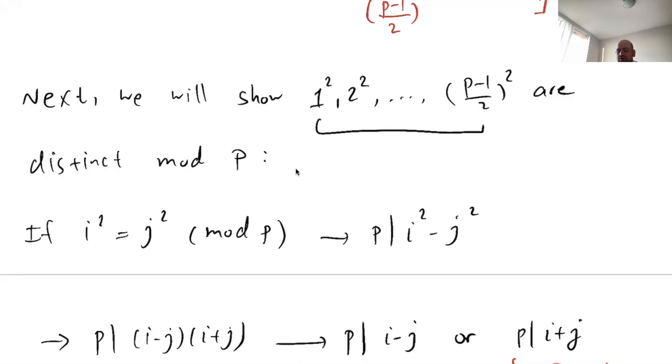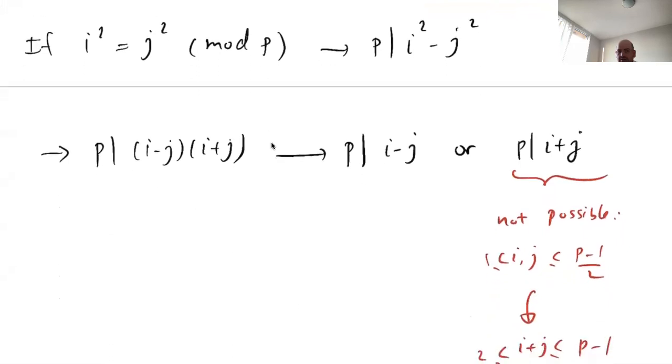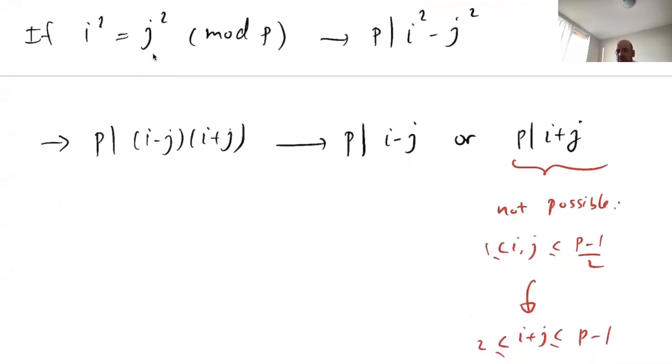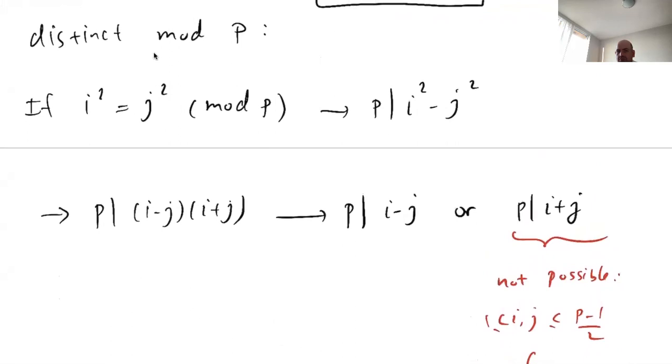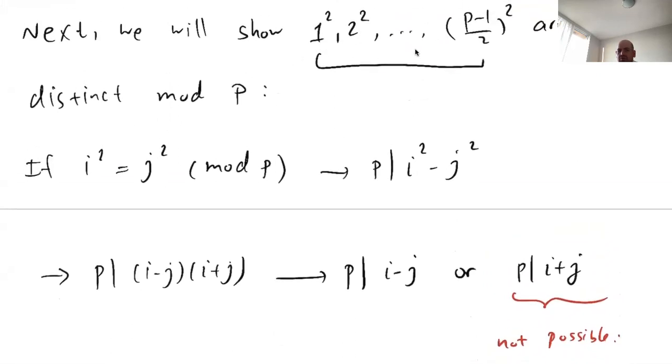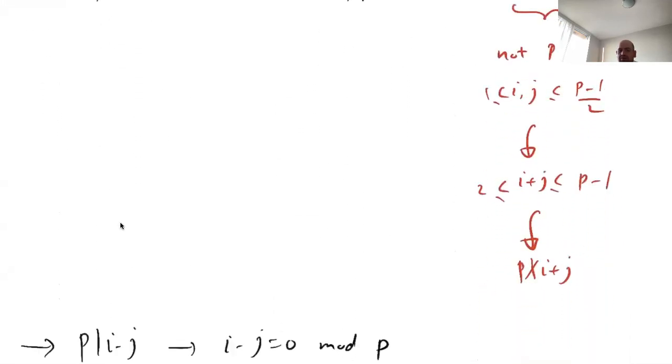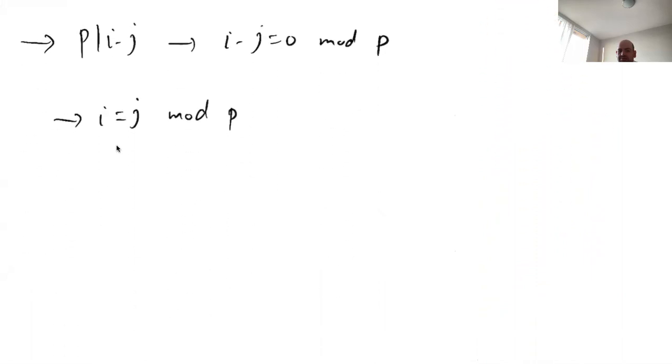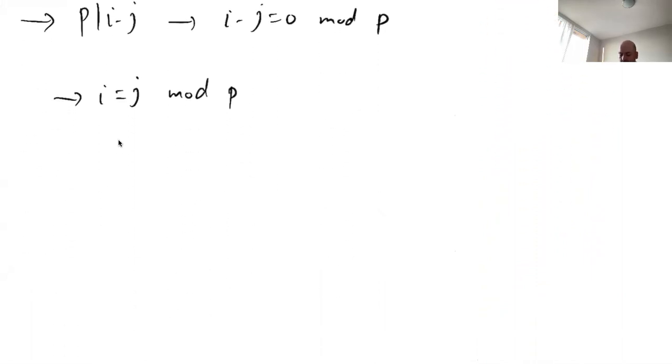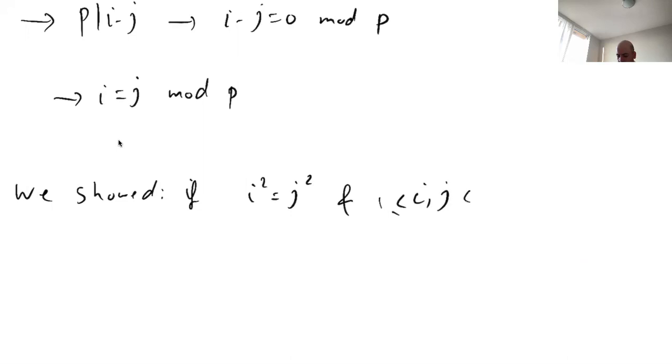And according to what I showed here, we showed that if i squared equals j squared, with i and j between 1 and (p minus 1)/2, then i must be equal to j.